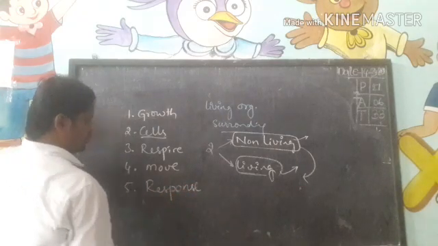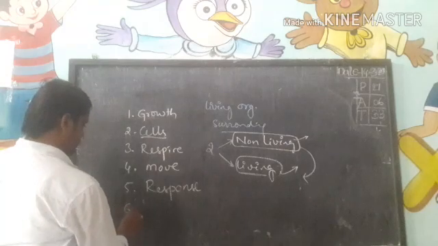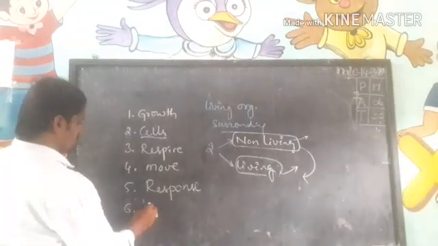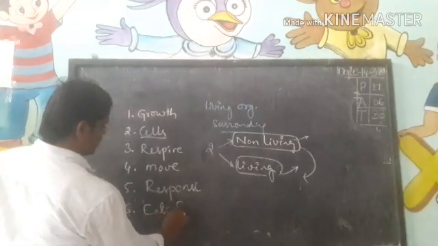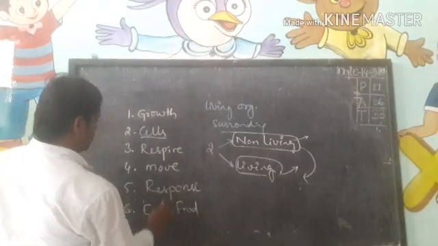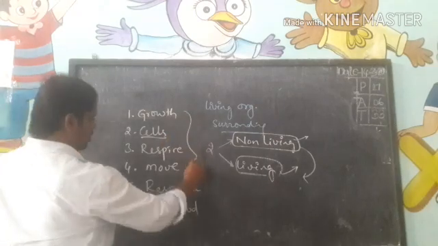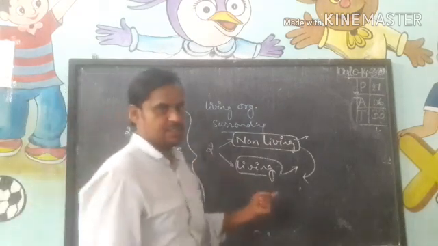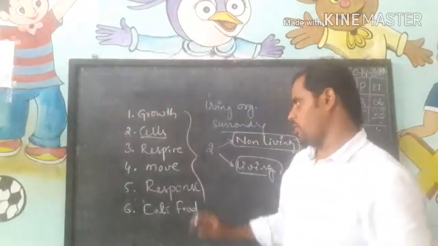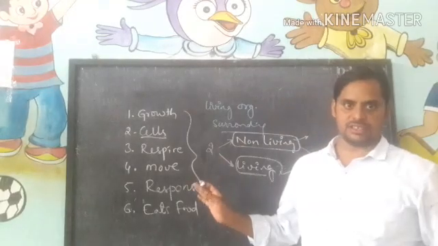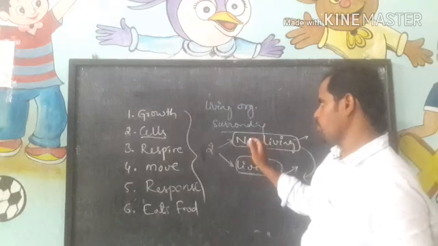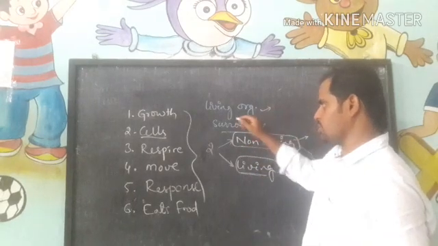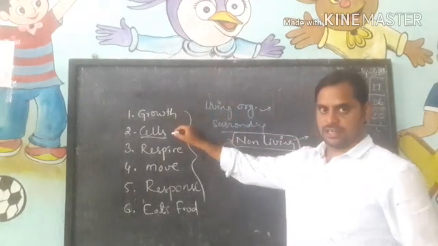It shows response. And next, it eats food. So all these things can be done by living things, whereas they are not done by non-living things. Just remember that living things show different types of characters.